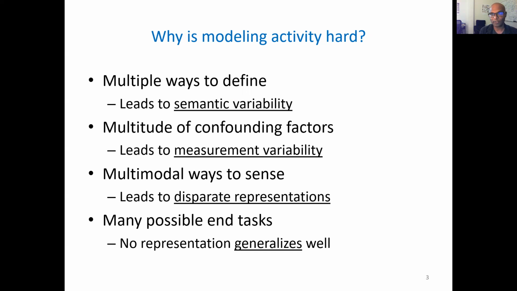In addition to the problems with sensing and the difficulty of defining human activities, there are very many confounding variables, and there is no shortage of them. In the computer vision community, people talk of semantic variability, and this often applies to complex activities which involve interactions with objects, multiple people in the scene, activities at a bank, activities in large organizations. Those are semantically highly variable.